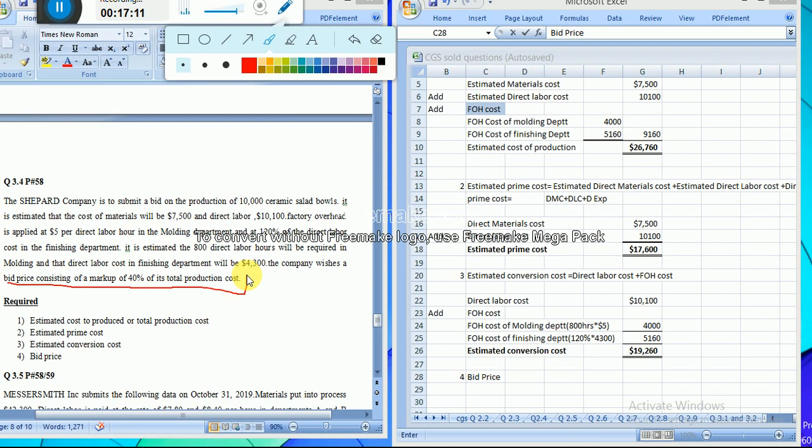Markup, that is the difference between sales price and cost price, is called what? Markup means here the percentage of expenses and profit margin.